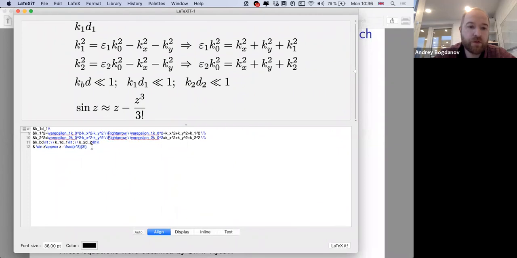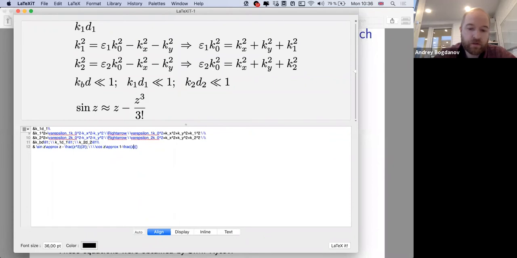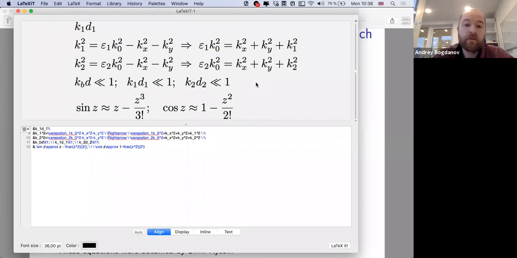And what about the cosine function? Cosine z is 1 minus z squared over 2 factorial. Yes, exactly.